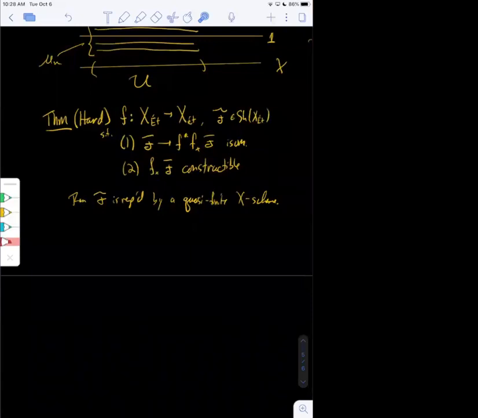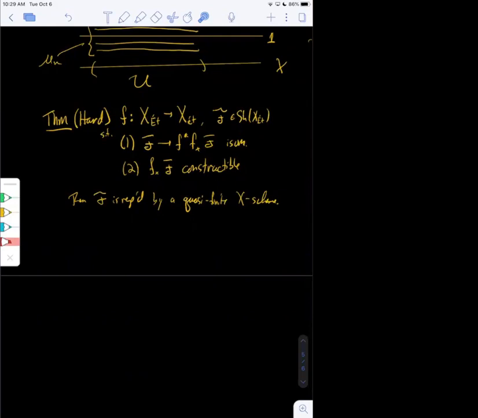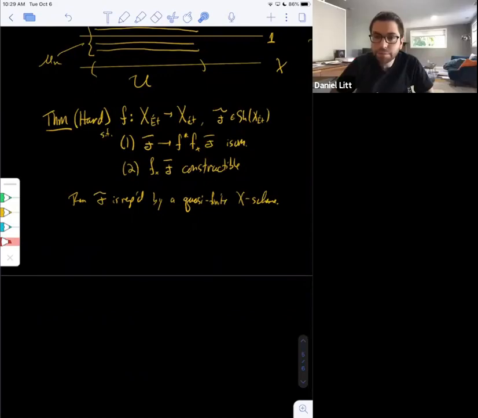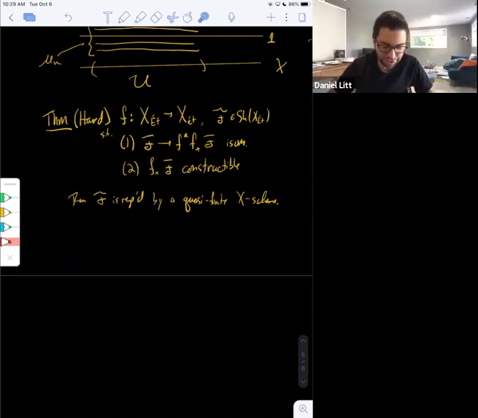Is it just the base things? What do you mean by that? Like you have a cover. Oh, I see. Yeah, you evaluate the sheaf at the base things. So that's the general definition.